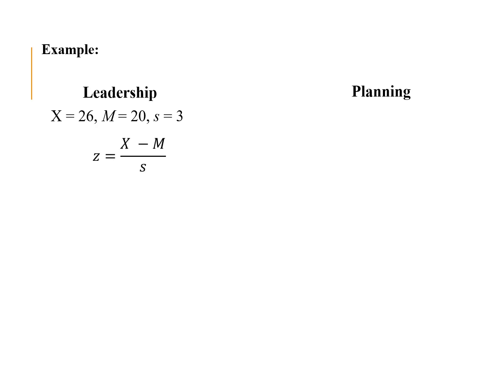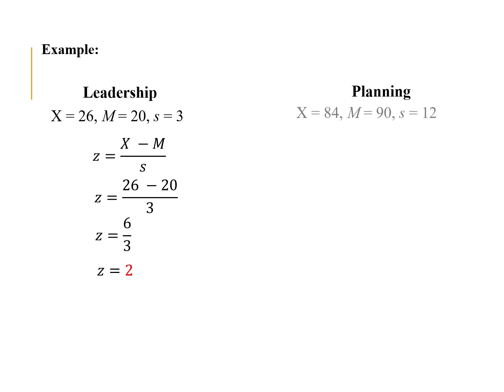Pulling up that sample z-score equation, we would just plug in the numbers. That would give us 26 minus 20 divided by 3. This reduces to 6 divided by 3, which gives us 2. The interpretation of the score is that this person is 2 standard deviations above the mean.